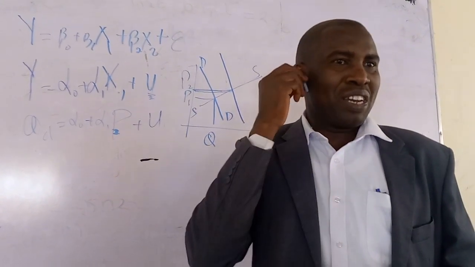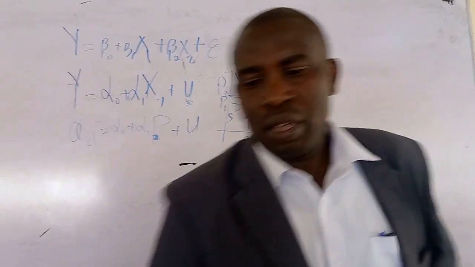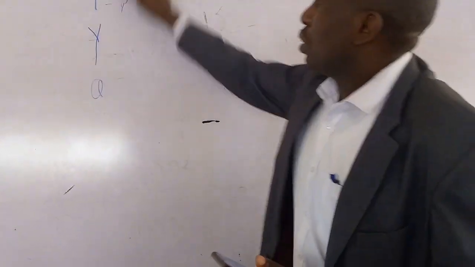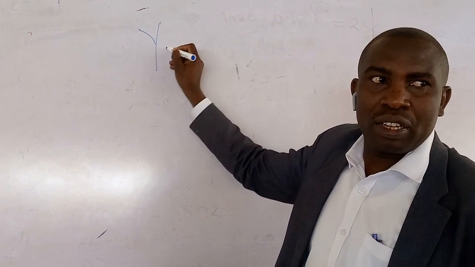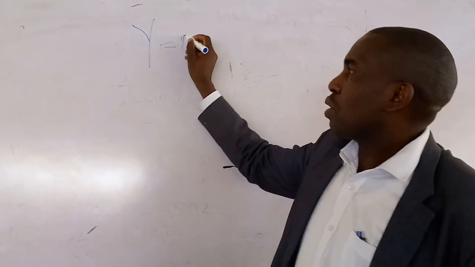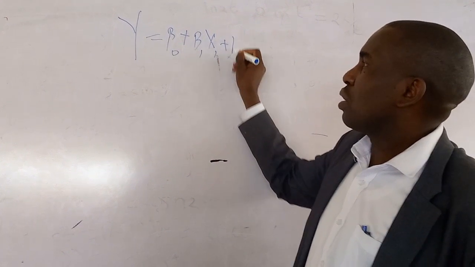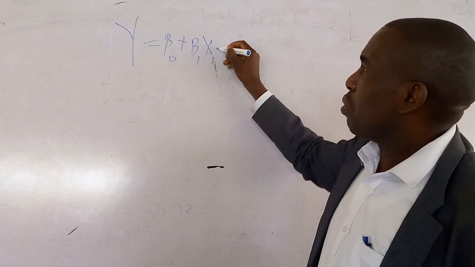Let us see the consequences you will encounter. Assuming this is the right model, y equals beta naught plus beta 1 x1, only, plus the error term.